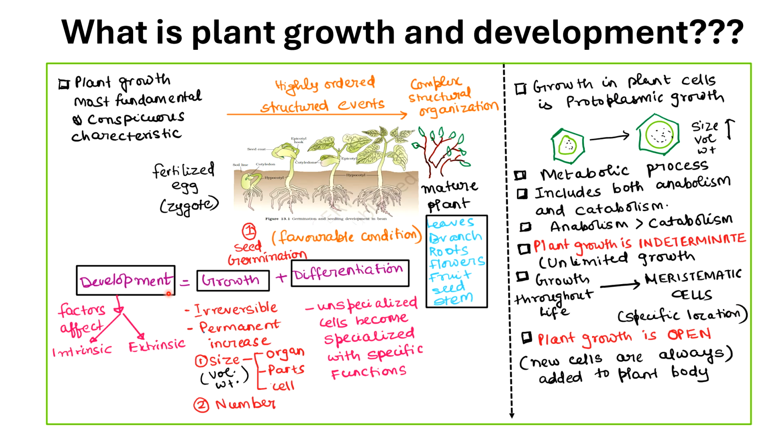Now let's see what plant development is. Plant development is when a fertilized egg, zygote, or a plant seed germinates in favorable conditions, and a series of highly ordered, structured events take place leading to the formation of a mature plant which has complex structural organization such as leaves, branches, roots, stem, fruits, flowers, seeds, right?